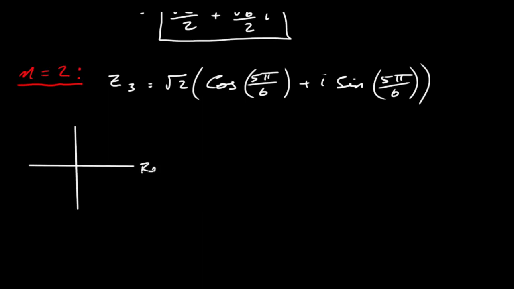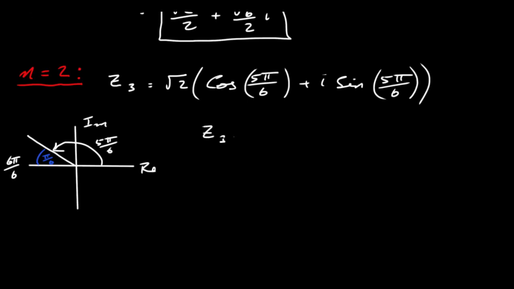Again, this is the real, this is the imaginary. So 6 pi over 6 is pi, that's 180 degrees. So 5 pi over 6 is going to be about here. That would mean our reference angle here is 1 pi over 6. That's our alpha there.